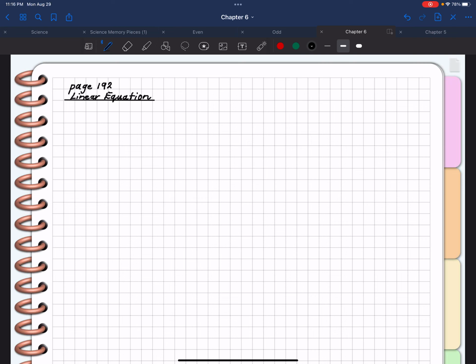So to start with, I want to draw a table of values like the one on 192. So I'm going to do 1, 2, 3, 4, 5, 6, 7, 8 rows. So draw this with me. I think that's right.